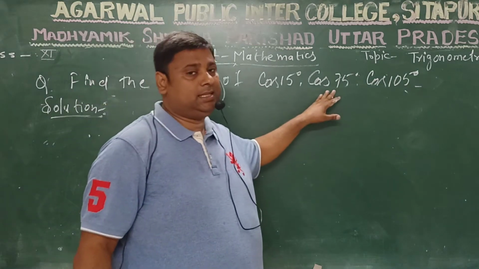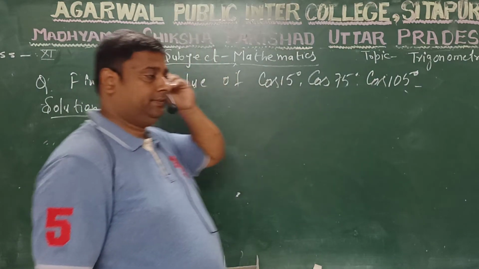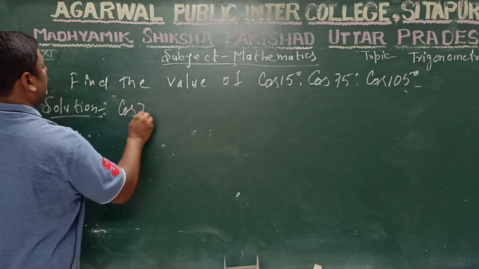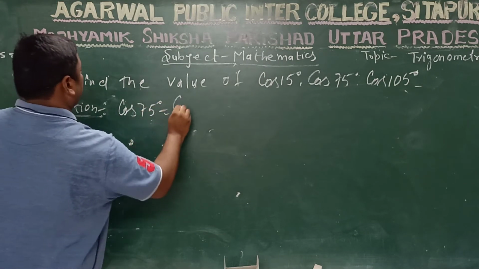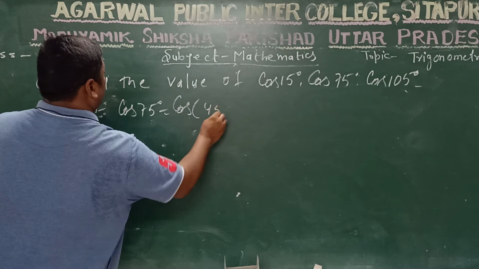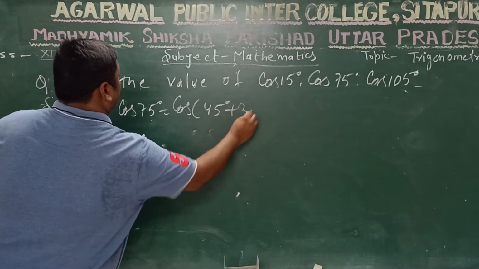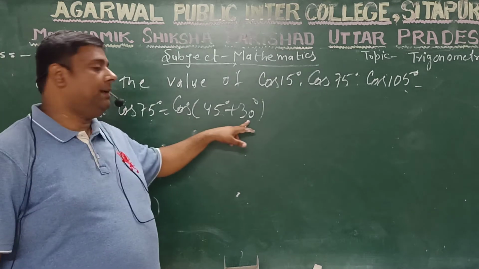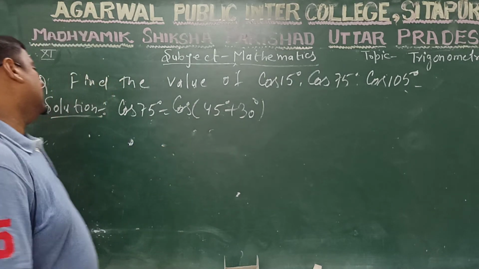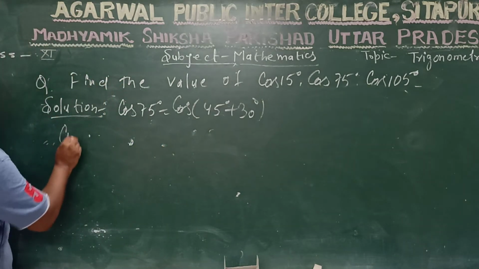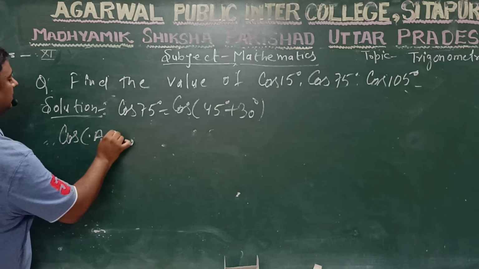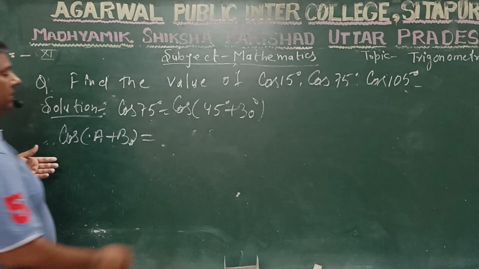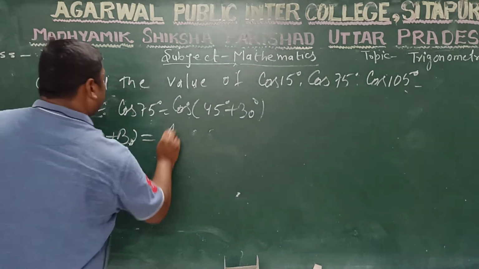My next question is cos 75 degree. This is cos 45 plus 30 degree, and we are using the formula cos A plus B. And what do we mean by cos A plus B?